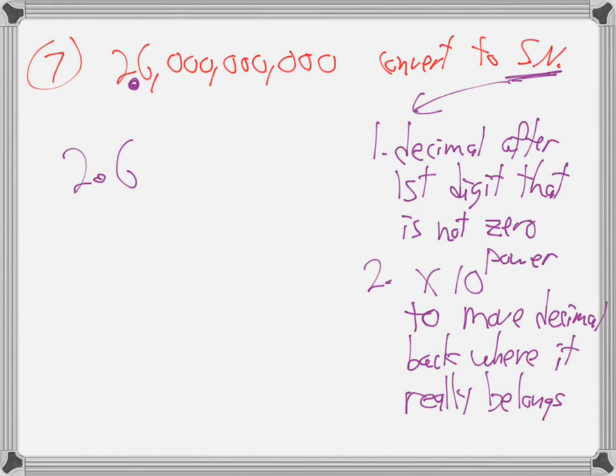Now, what do I mean go back where it really belongs? Well, I put it between the 2 and the 6 because that's the notation's rule, but that's not where the decimal really is. Where is the decimal really? Yeah, it's right there, huh? So how many places to the right is that? 10, right? Because 1 and then 3, 3, 3, 1 and 9, 10 places, so times 10 to the 10th.